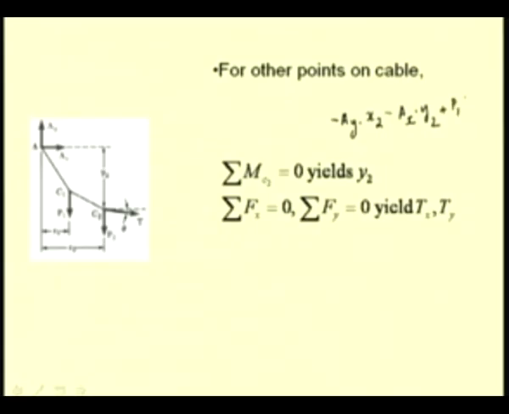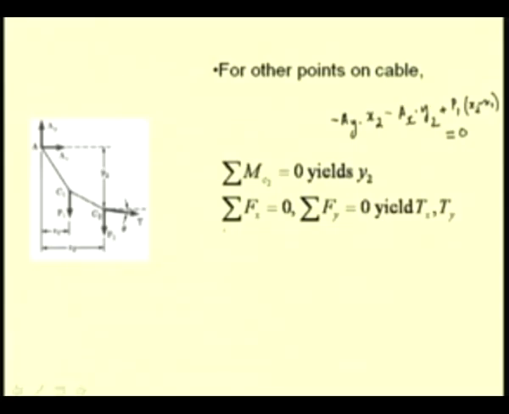P1 times the moment arm is x2 minus x1 equal to 0. So, in this we know Ay, Ax, this location x2 as well as P1. So, we only have this y2 as unknown, and that can be determined.